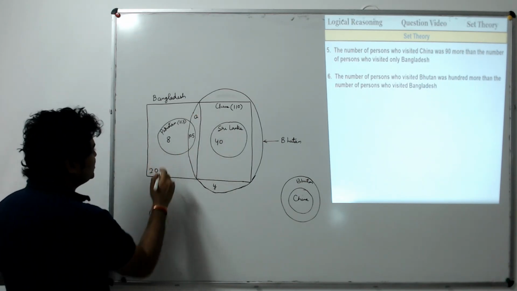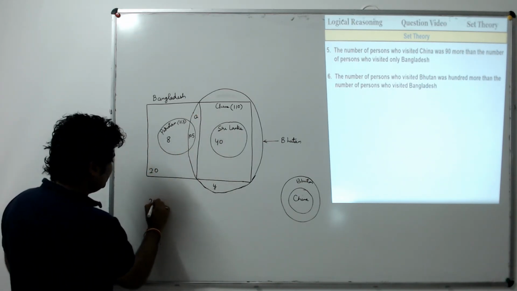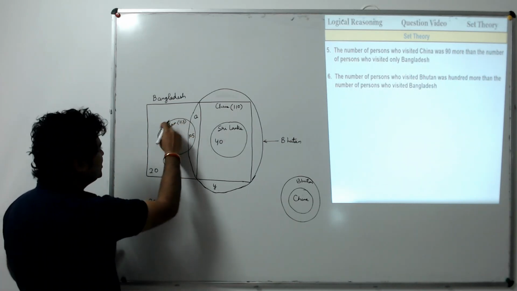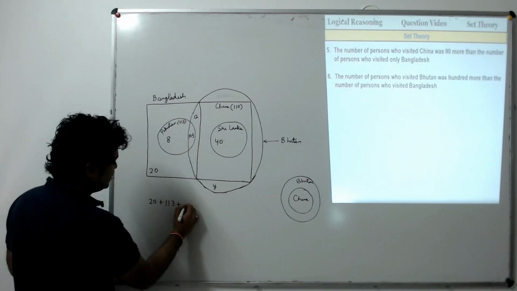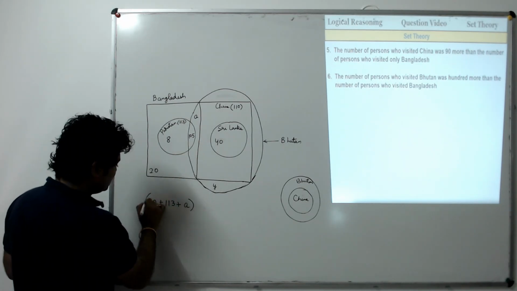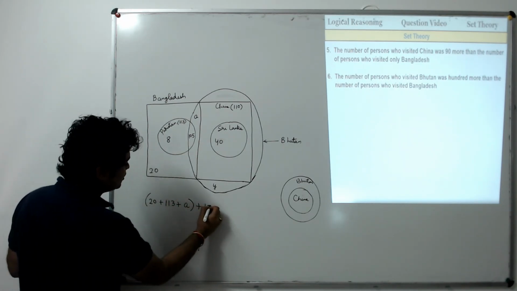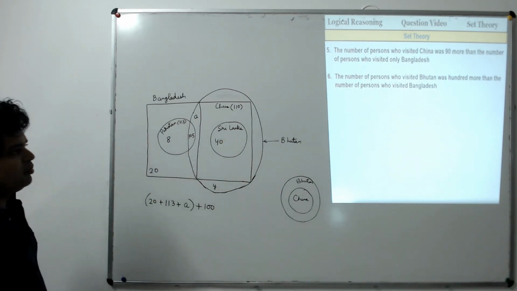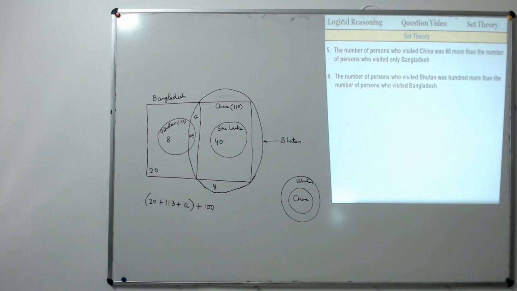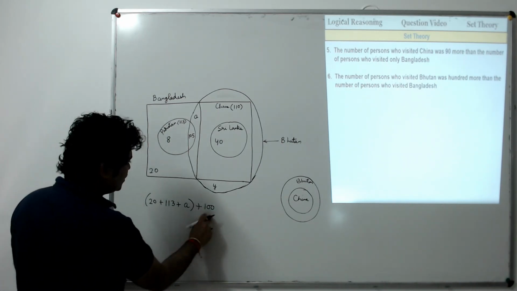So people who visited Bangladesh is 20 plus 113 of Pakistan plus A. So this is Bangladesh, plus 100 is Bhutan. So this whole is Bhutan.